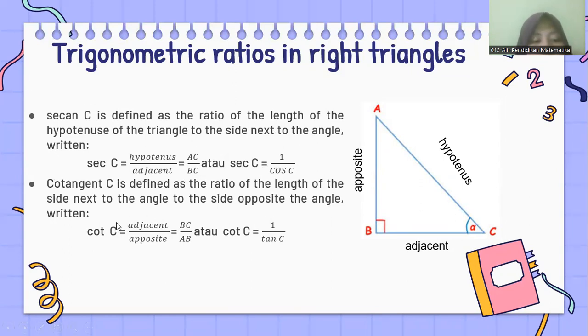Written: cotangent C equals adjacent over opposite, or BC over IB, or cotangent C equals 1 over tan C. Do you have any question? Okay.